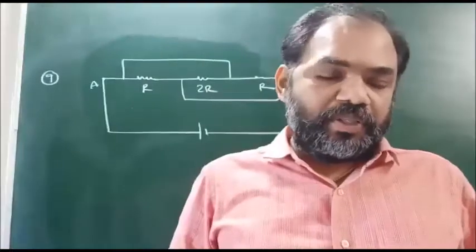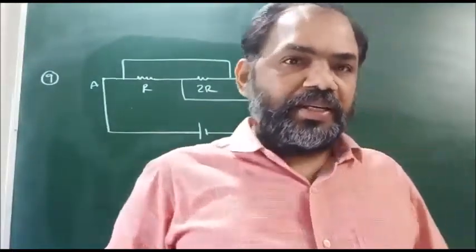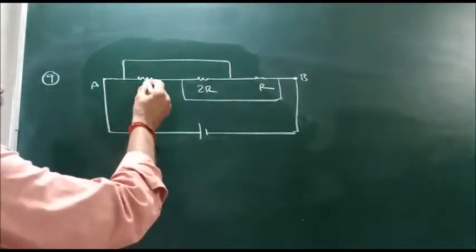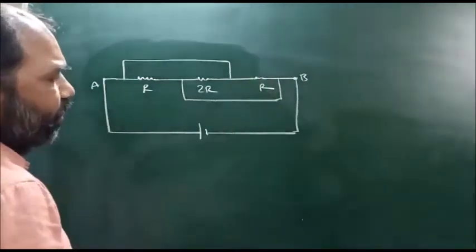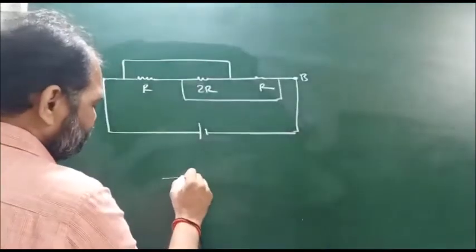This is question number 9. In the figure, the current flowing through 2R is dash. In this diagram, if we observe, these three resistors R, 2R and R are present in parallel combination. That's why we can redraw this circuit like this.